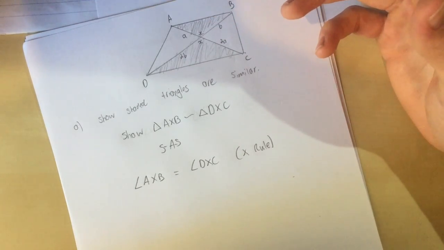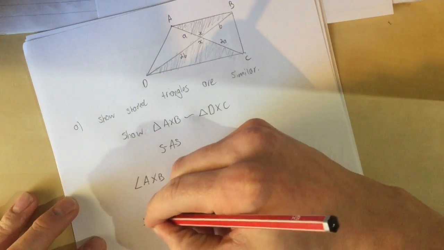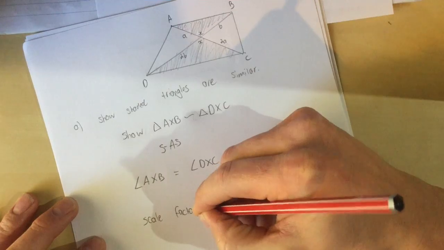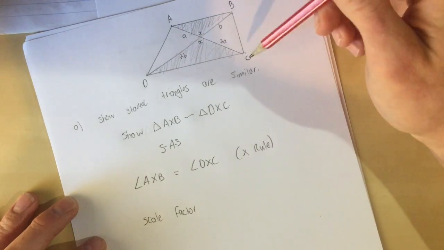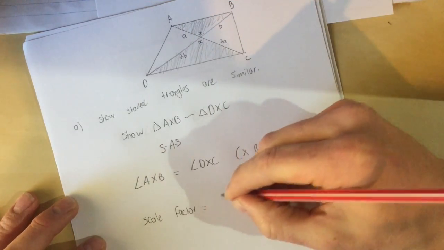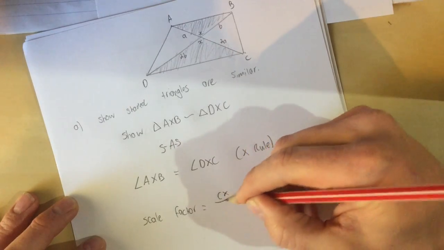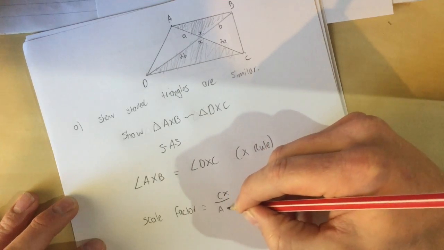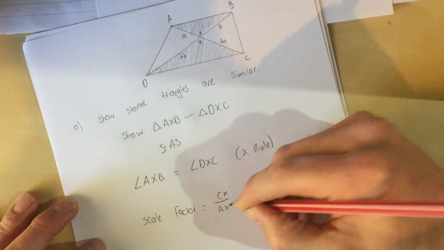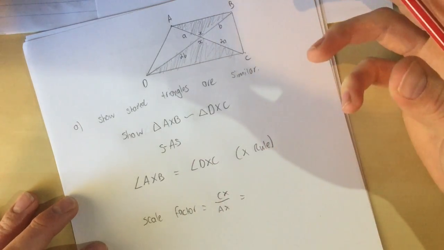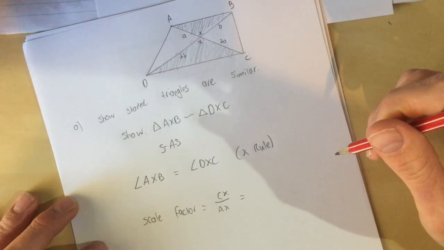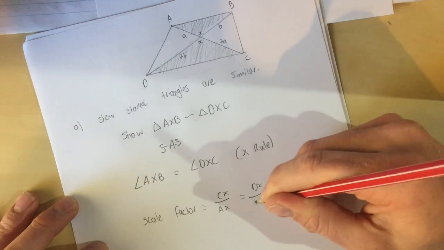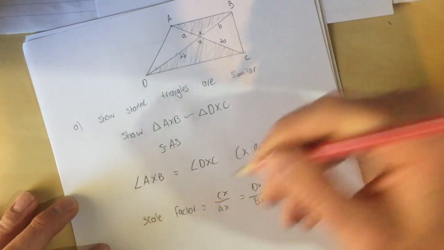So to do the scale factor, we take side CX here and divide it by side AX up here. So CX divided by AX. And if there's a common factor, then it should equal the same as the other side, which is DX on BX.